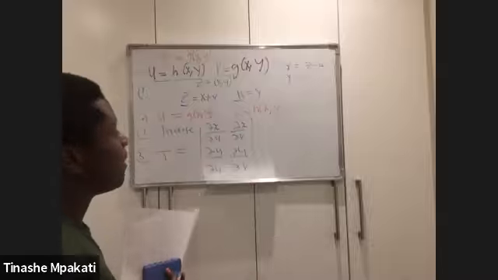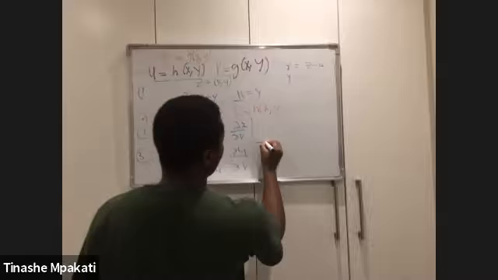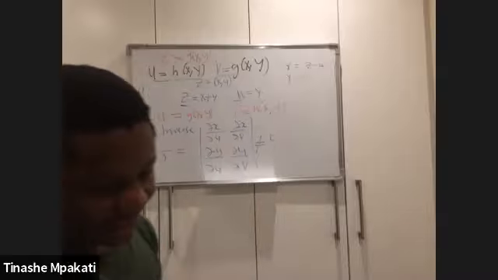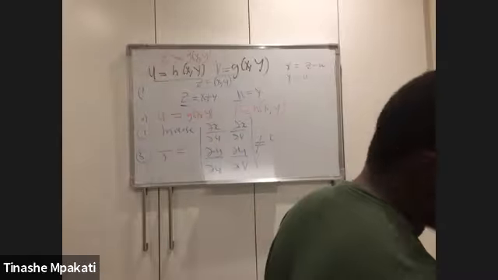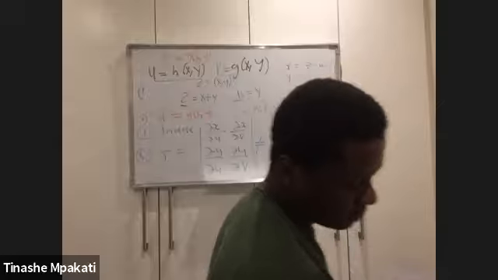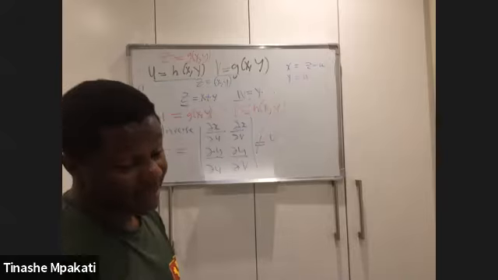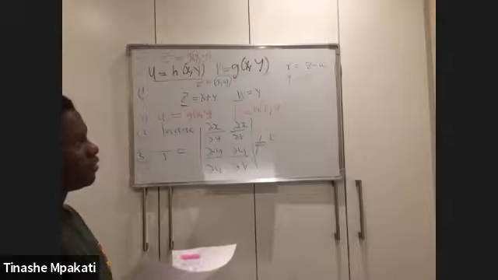So that's what you do. But the condition is saying that this Jacobian must not be 0. It has to be non-zero. It can be negative or positive, but it's not equal to 0.